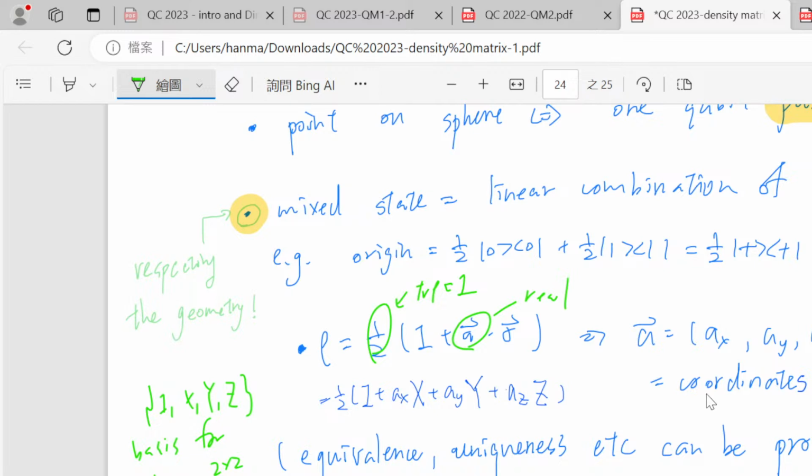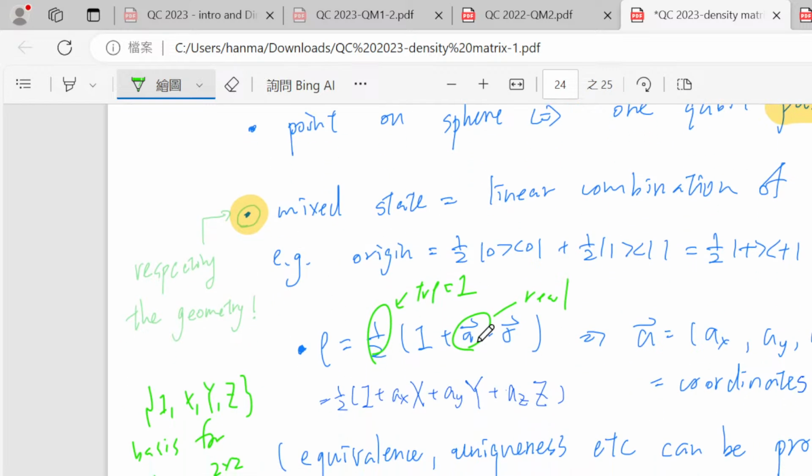If rho 1 has some a1 vector, and rho 2 has some a2 vector, it's easy to see that a3 will equal p1 a1 plus p2 a2, and that's why we say the mixed state.